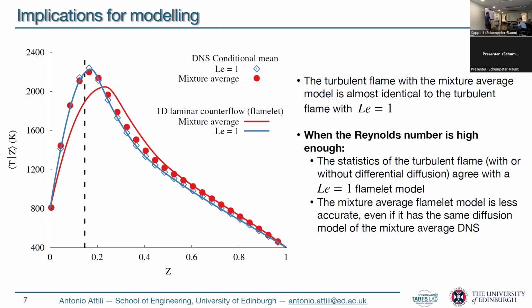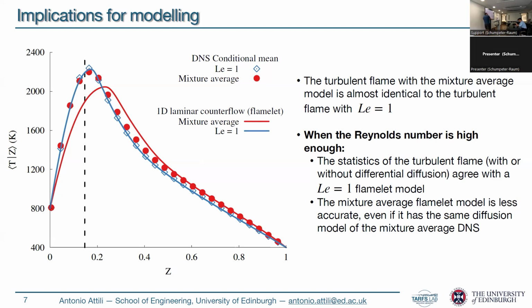Now, let's say that you want to understand which flamelet model you want to use to represent this flame in the best possible way. Well, you end up concluding, if you do things properly, that the Lewis 1 flame is what you should use, right? So if you do things properly, if the Reynolds number is high enough, the information that you extract here, well, you should use a Lewis 1 flamelet, which is something that we usually do, that we usually know, but this is a direct proof, okay?